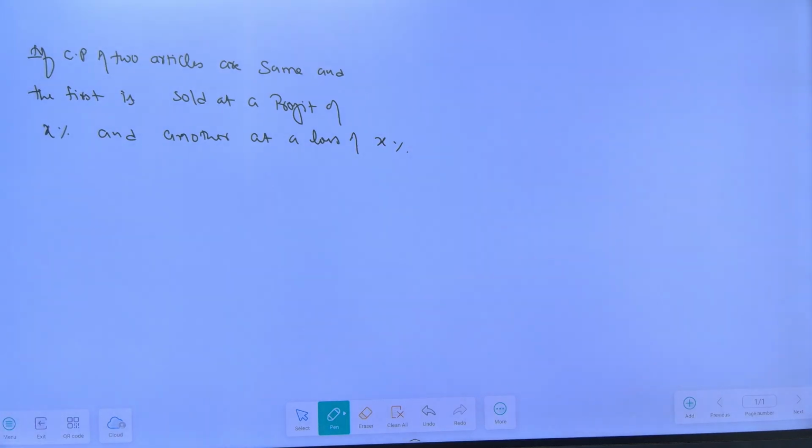Right? The cost price of two articles is same. The first is sold at a profit of X% and another at a loss of X%.